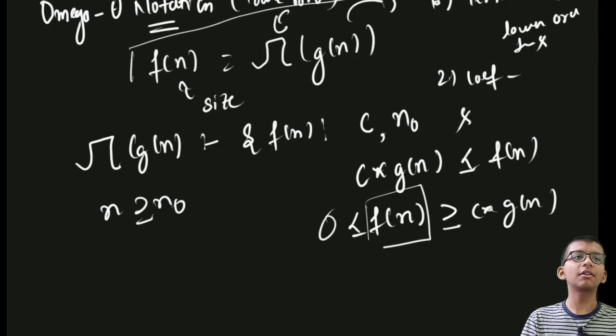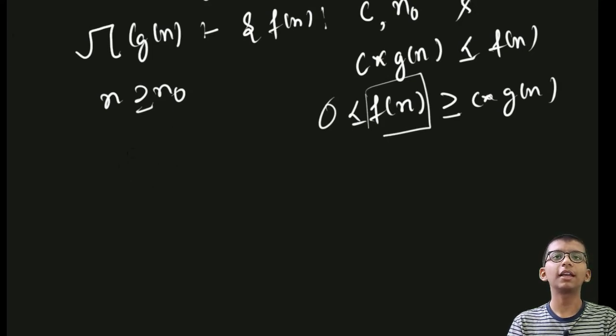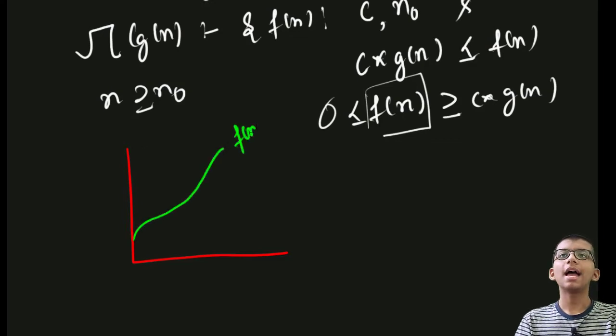Okay, so let's see the graphical representation. How do we graphically represent this? Again we have our favorite x and y plane. I will put here the x and y plane. Okay, and in my favorite green color, I will draw f of n. So this is my f of n, and this is my c times g of n.